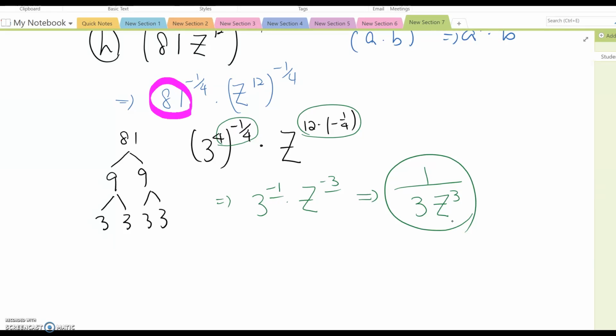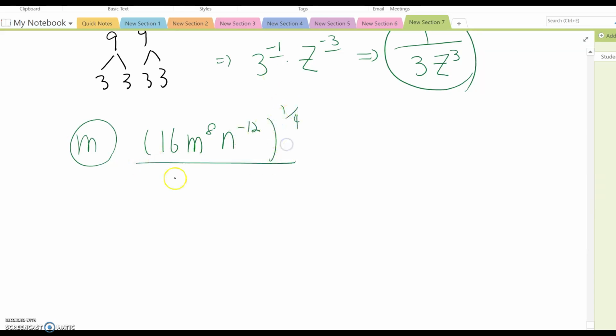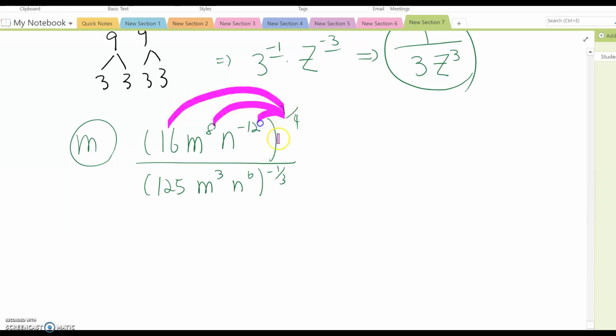So let's look at a very complicated question such as M. 16 m^8 and negative 12 to the 1/4 power over 125 m cubed and 6 to the negative 1/3. Okay, same thing. You distribute this power to every factor.